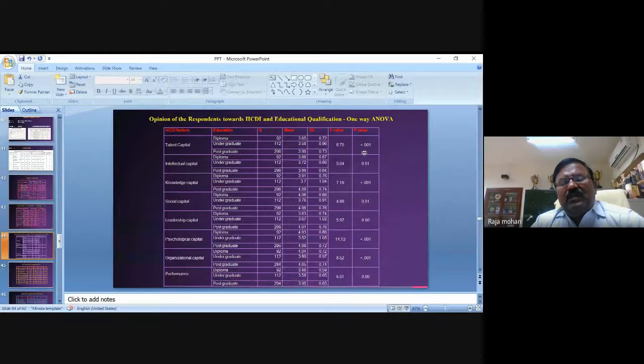Even for machines, we have machine-produced goods, and even for the machine production we are using it, and even for products, the content of the product we test by using ANOVA. Many things we are doing like this. Here we can have SCDI with human capital initiatives with educational qualification. The results show whether it is influencing or not, and we have all the values; it is significant.